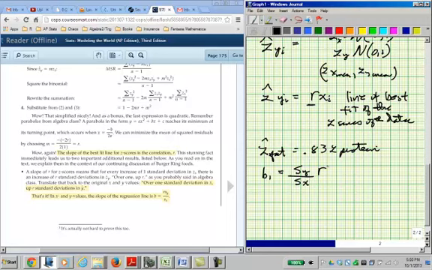Now, you don't have to know how all the math works or anything like that to get here, but it is interesting to go through this box and work it out and all that. But this you need to know, and this you need to know.